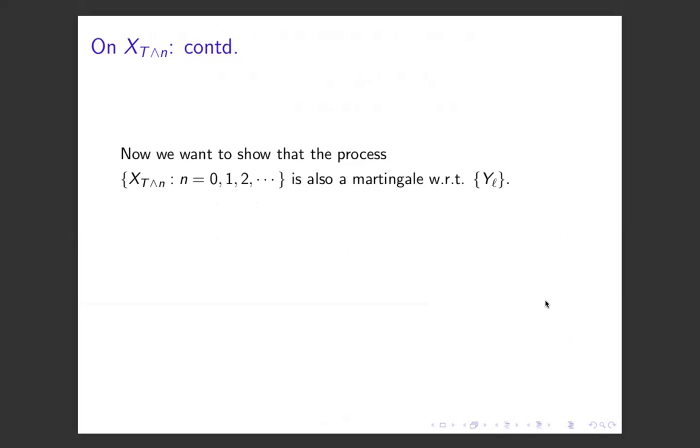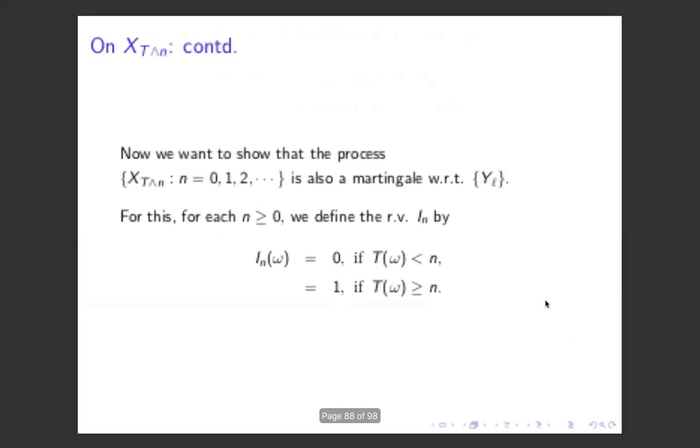So we want to show that the process X sub t wedge n, as n varies, is also a martingale with respect to Y. For this, we define one random variable, I sub n.